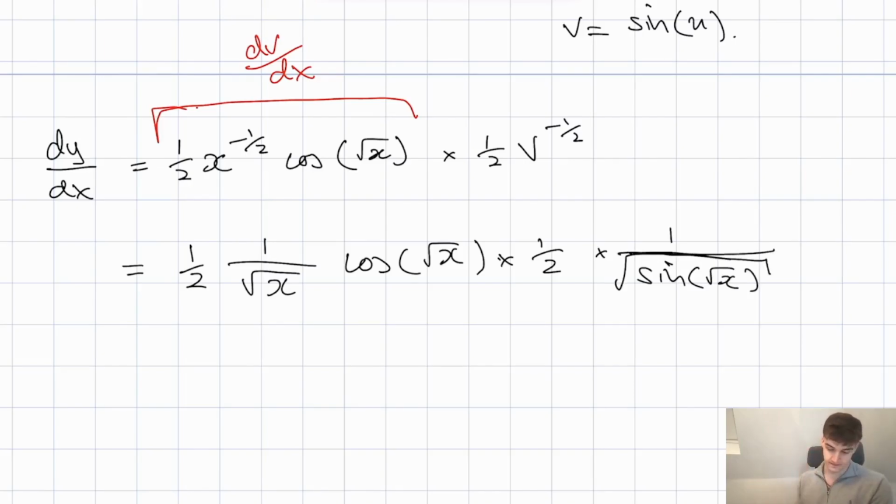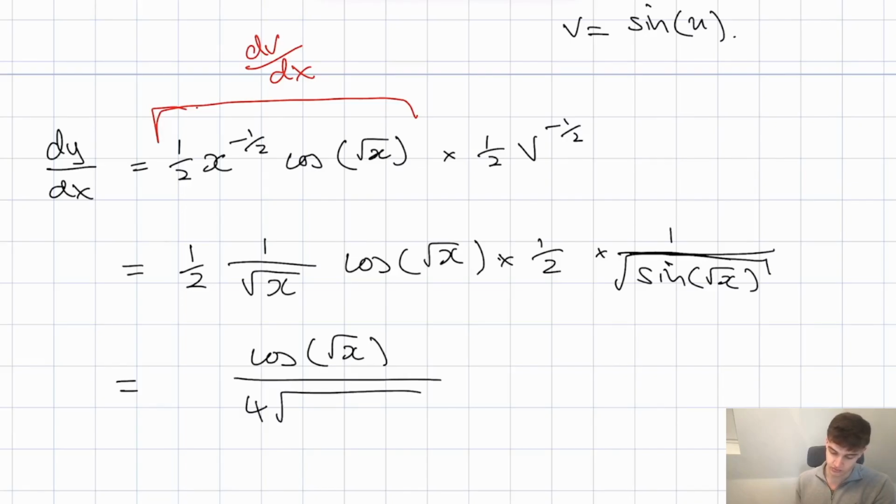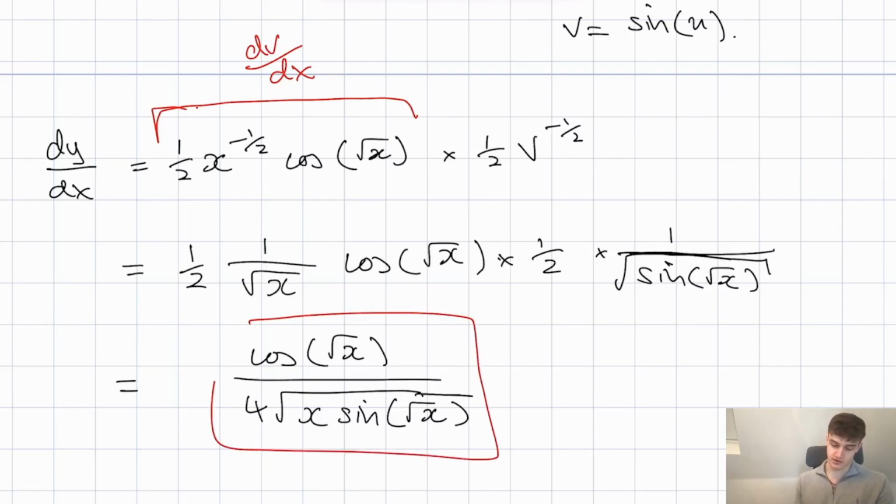Okay, so if I bring that all together, I should get cosine of root x over 4 root x, with the root sine of root x brought in together. So yes, multiple things going on there. But if you just break it down, all it is is 2 different chain rules put together. That's it.